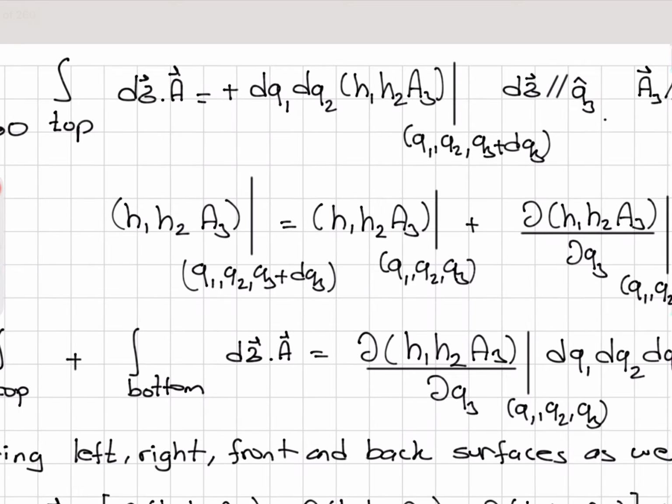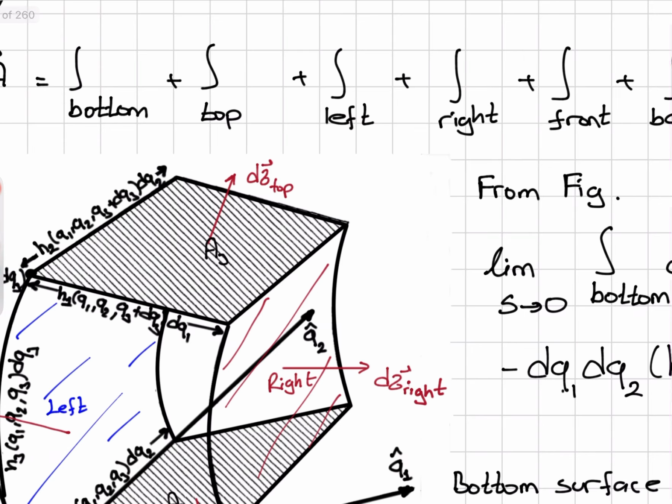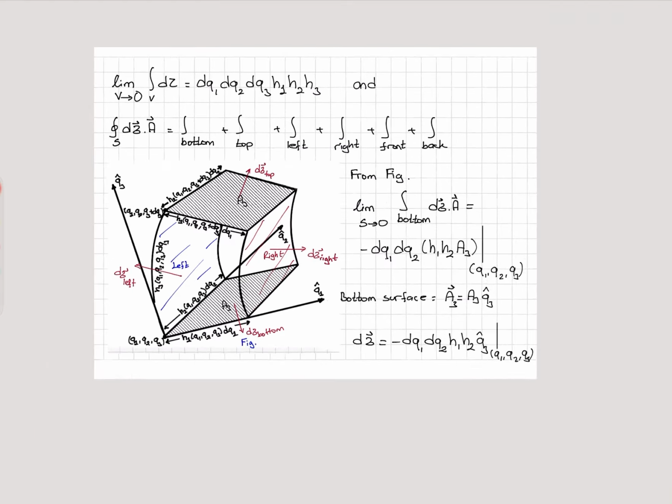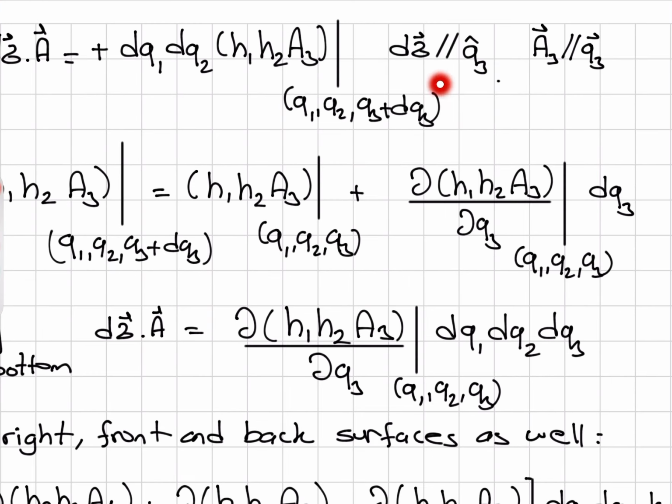Here the area vector points in the q3 hat direction, as does a3. So I would have dq1 dq2 h1 h2 a3, evaluated at q3 plus dq3.